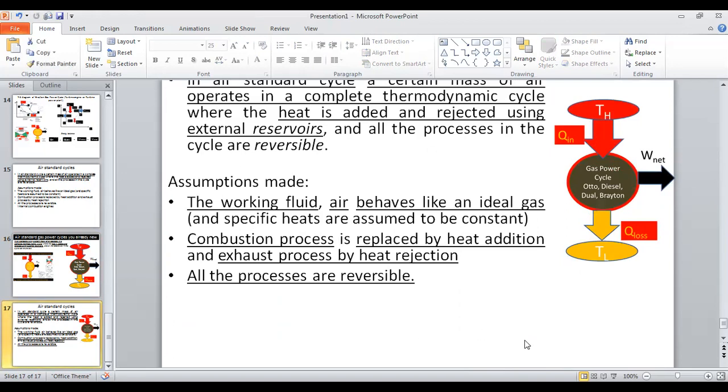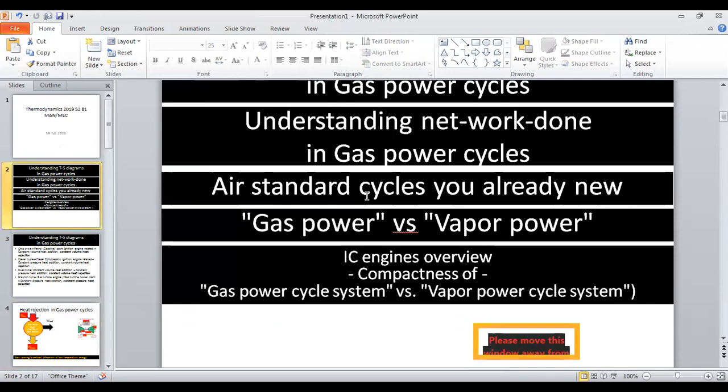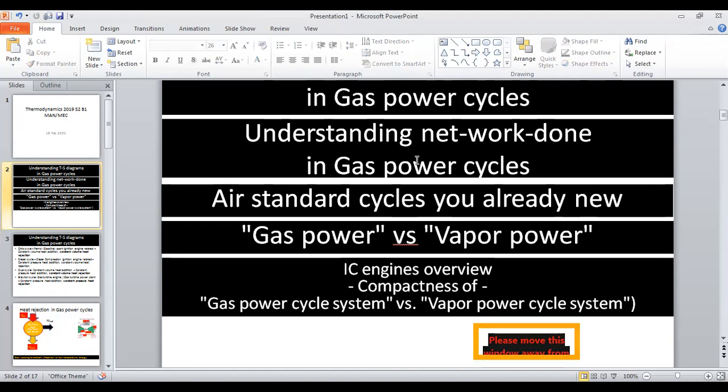So after that, I will look into this. I skip here, net work done, and the gas power versus vapor power.